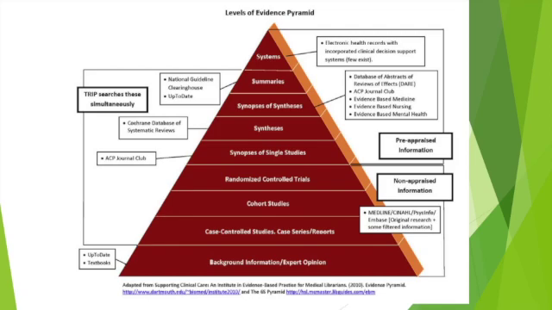As you can see, the primary research, randomized controlled trial, cohort study, we call non-appraised. And then these up above are pre-appraised information.